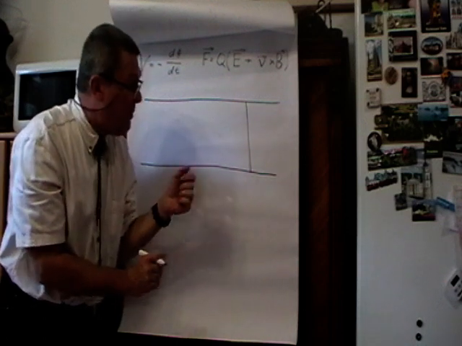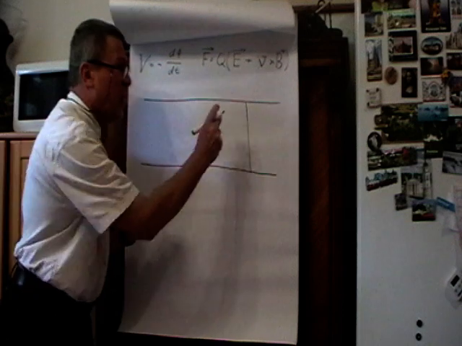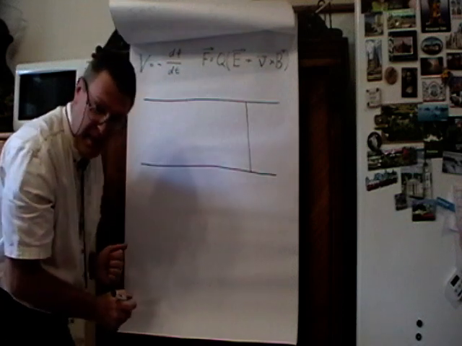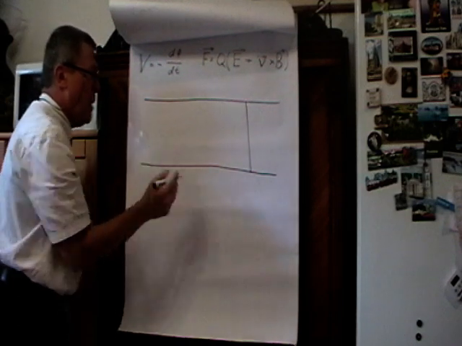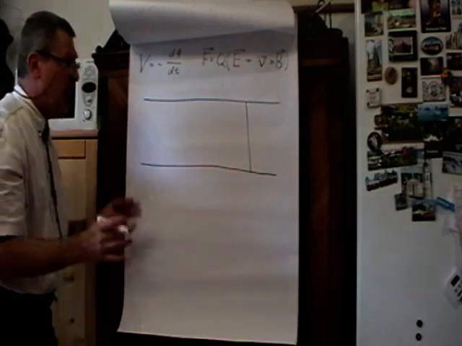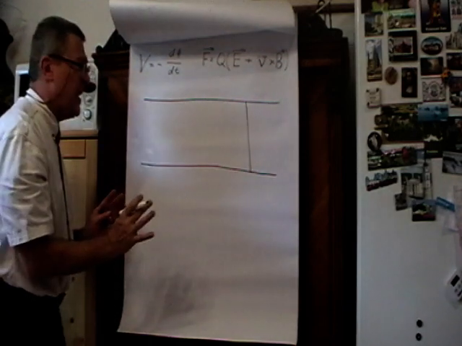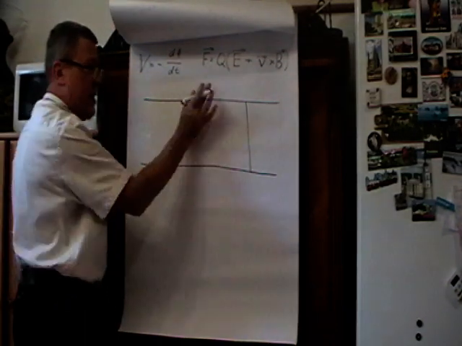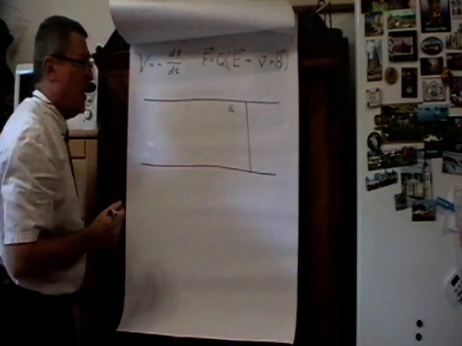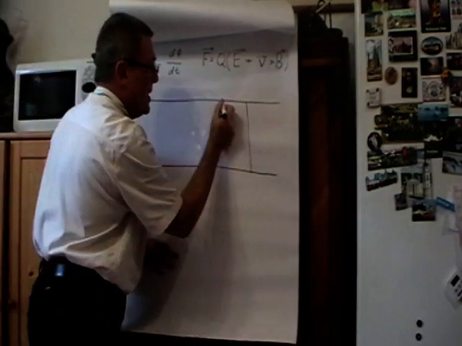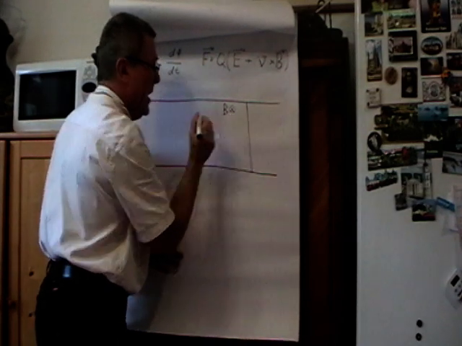So we have a very good electric connection of both rails. And we will also have some magnetic flux density. Let's say it's a homogeneous flux density that points into the board, magnetic flux density B.